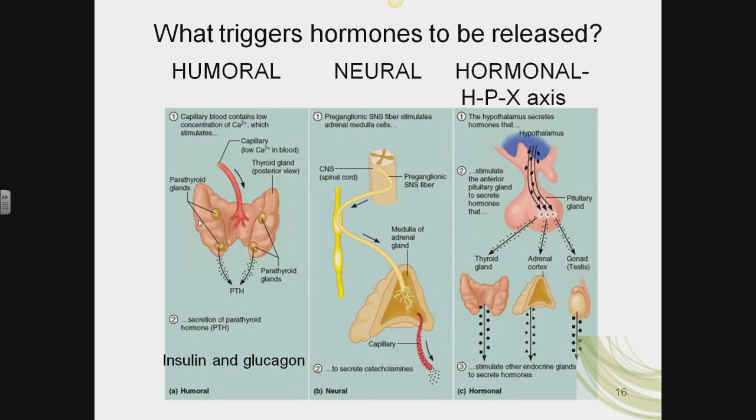Now, the classic example of a humoral release is glucagon and insulin. If blood glucose levels get too low, let me redo that one. If blood glucose levels get too low, glucagon is released. Silly me. Glucagon, its name tells you, glucose is gone.